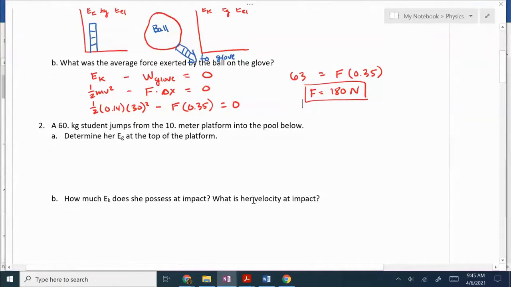All right. Next one, a 60-kilogram student jumps off the 10-meter platform into the pool. It doesn't actually give us a diagram, so we're just going to draw one, because we're supposed to draw an energy bar graph for each one here. So we'll do that real quick. We've got gravitational energy, elastic energy.